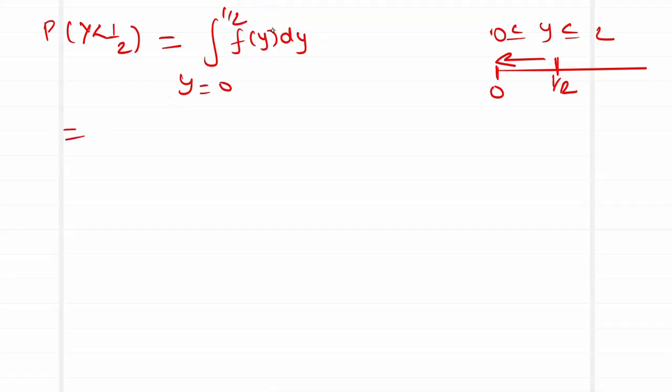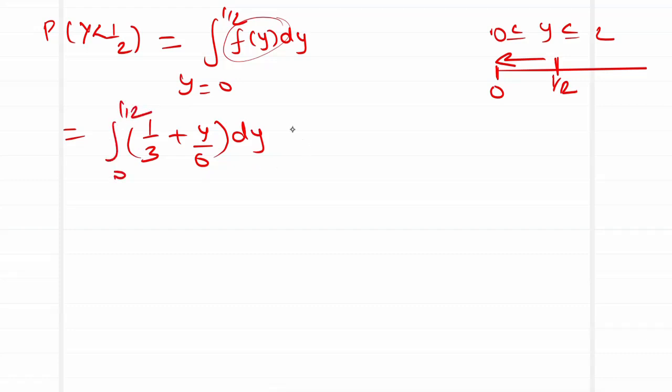Now the function f of y is already there for us. So substitute it over here, 1 by 3 plus y by 6, integral with respect to dy between 0 to half. And now comes the integration with respect to y. This gives me y, and 1 by 6 times of y is y square by 2. And apply the lower limit and upper limit.